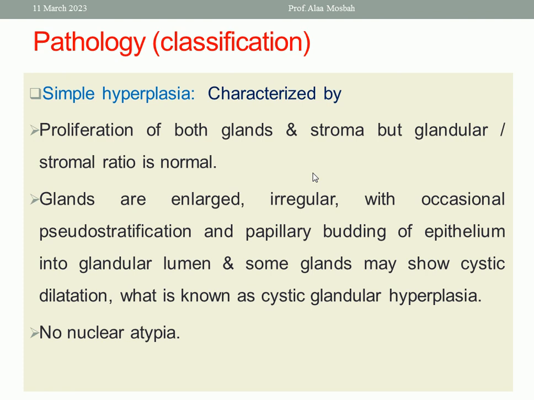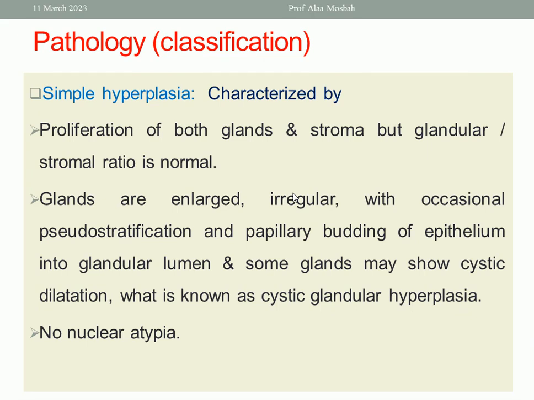What about the pathology? We have simple hyperplasia, complex hyperplasia, and atypical hyperplasia. Simple hyperplasia is a proliferation of both glands and stroma, but the glandular stromal ratio is still normal. Glands have some characteristics: enlarged, regular glands, occasional pseudostratification, and papillary budding of epithelium into the glandular lumen.